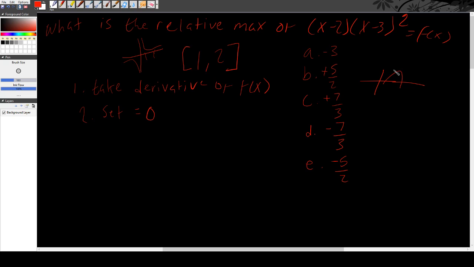There are plenty of resources, and I'm sure your teachers have told you what it is. One thing about derivatives is that they equal 0 when they're changing sign, from positive to negative or negative to positive. They always equal 0. They have to.